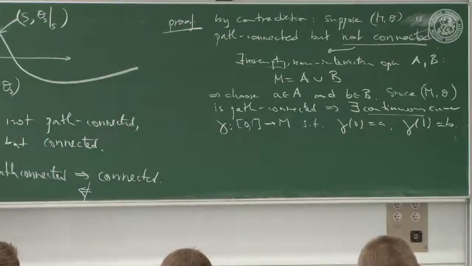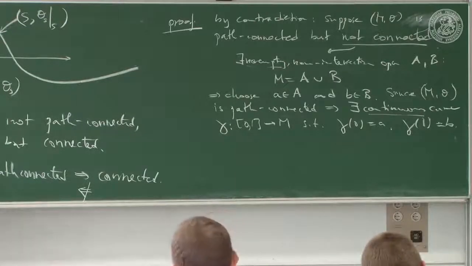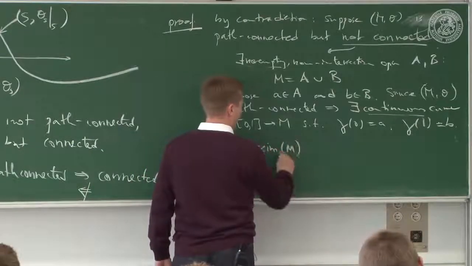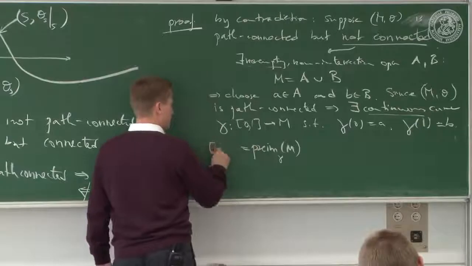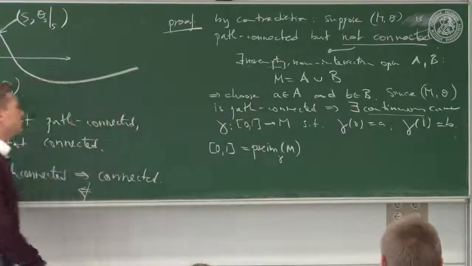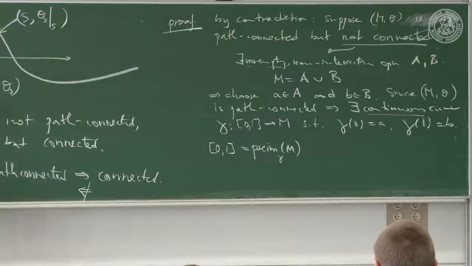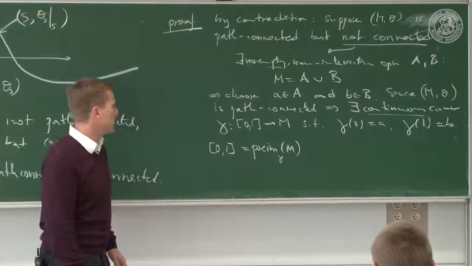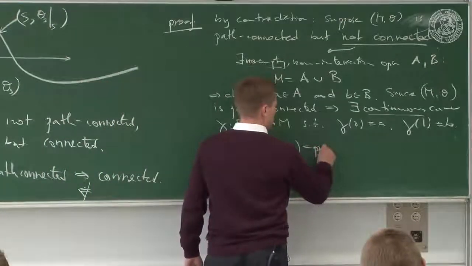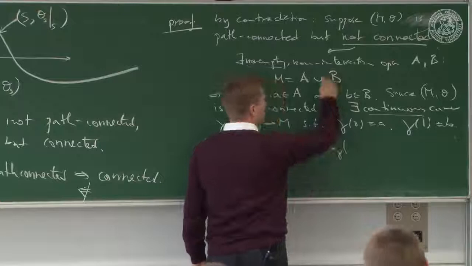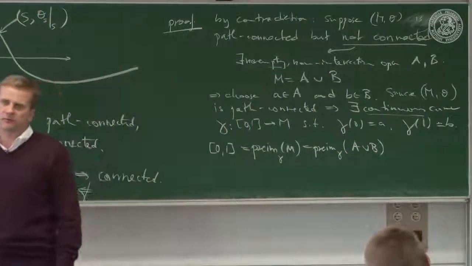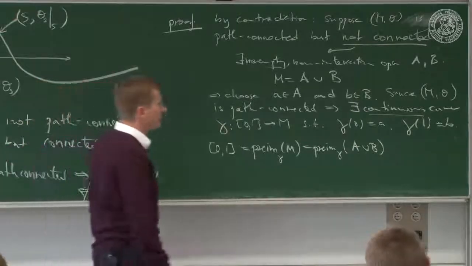Now we can actually look at the pre-image of M under gamma. Well, that must be the whole domain of gamma, and that's the range over which the parameter runs. That's clear. But we know that M is A union B. But what do we know of the pre-image of a union?